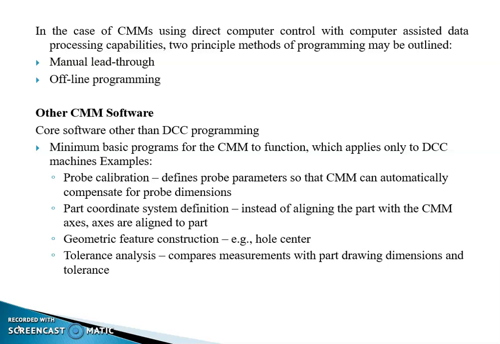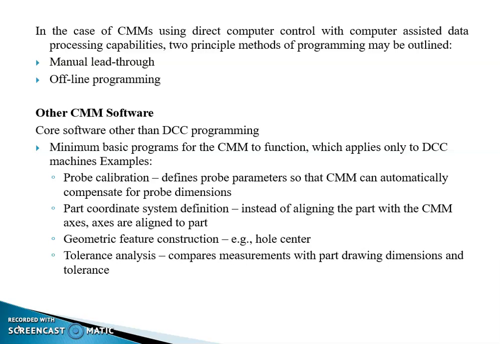The first one is manual lead through. Here, the operator leads the CMM probe through the various motions that are required of it for a particular work part, while the points and locations are recorded in a program memory. That is the manual lead through method.